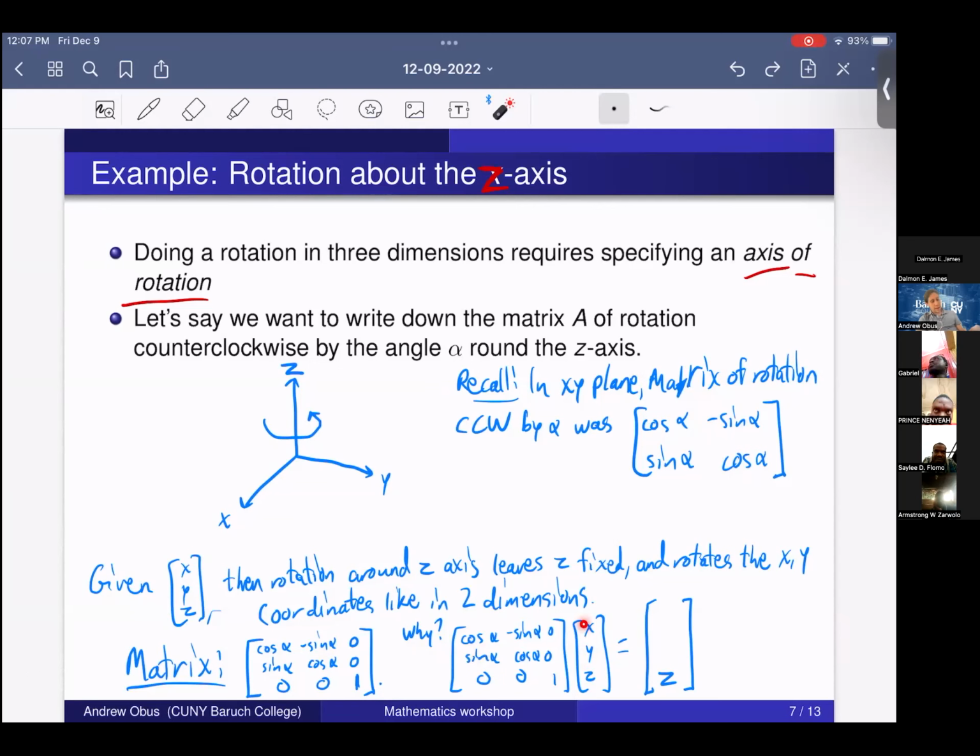I have sine alpha times x plus cosine alpha times y, and then plus 0 times z, which is exactly the same thing that happens in 2 dimensions. So I'm going to write this as x prime, y prime, where if I just look at x prime, y prime, this is the rotation of xy by alpha counterclockwise.